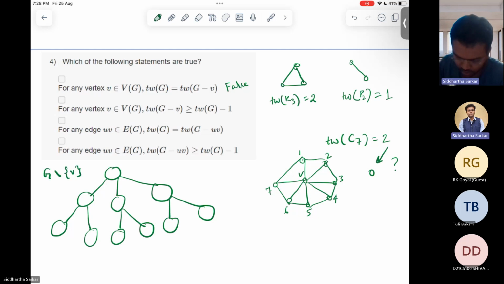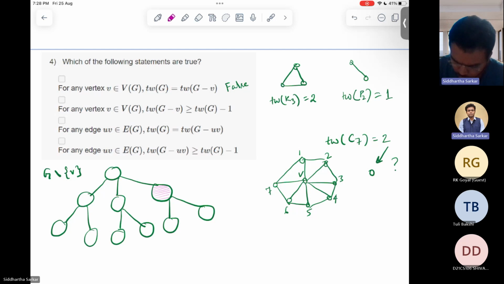Let us say, just for the sake of argument, that there is a bag which is the largest bag. It contains the maximum number of vertices. So that bag is sort of a witness to the tree width of this graph.